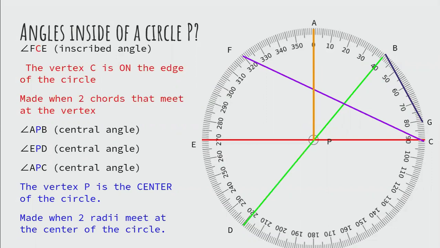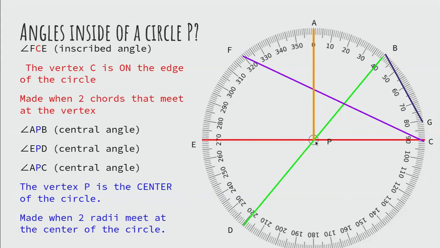Then 3 other angles were pointed out: angle APB, angle EPD, and angle APC. All 3 of them are central angles because the vertex P is at the center of the circle. And a central angle is made up of 2 radii.